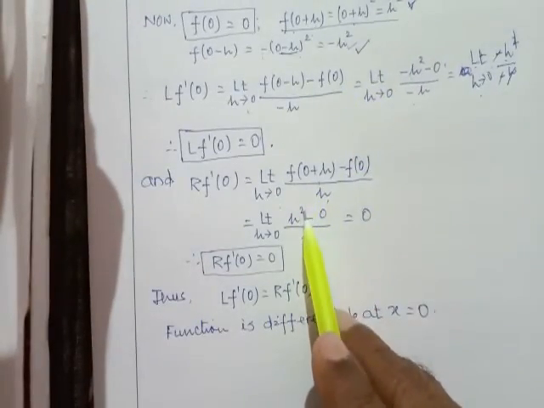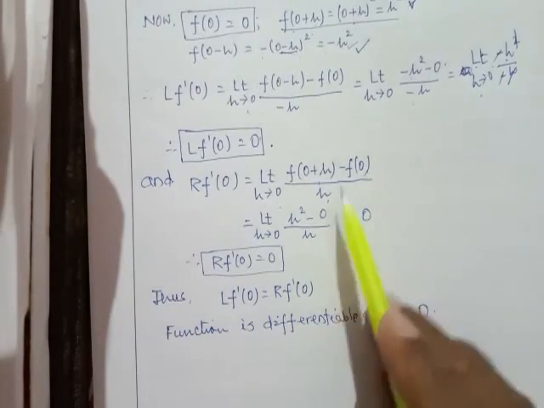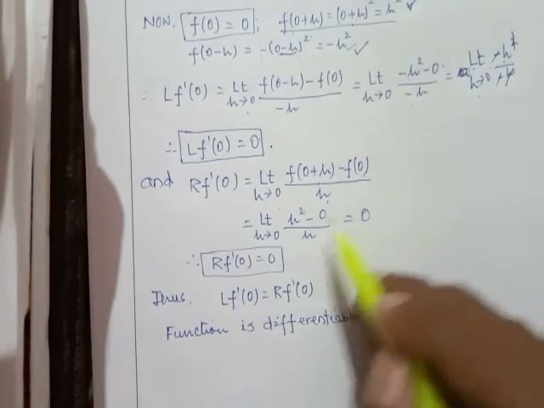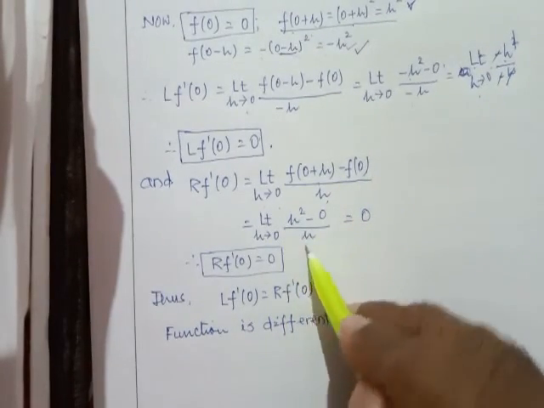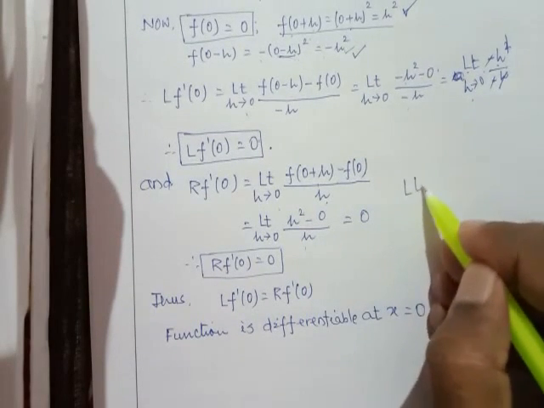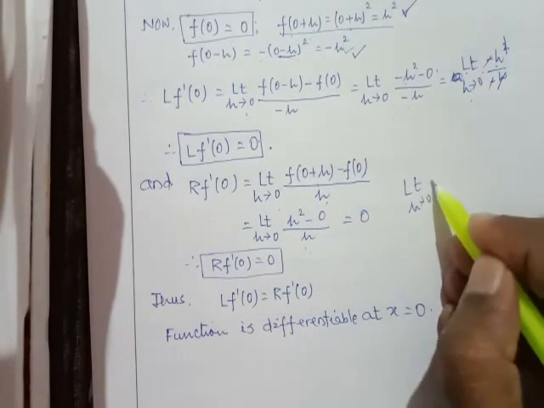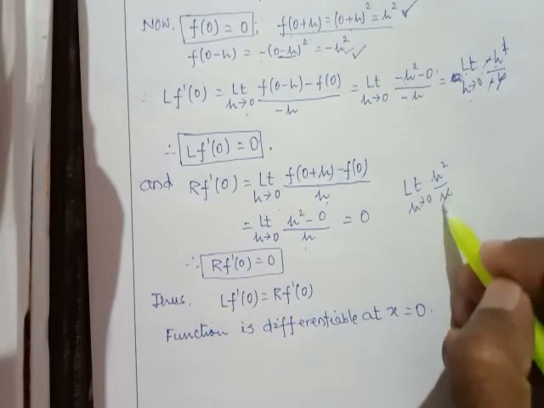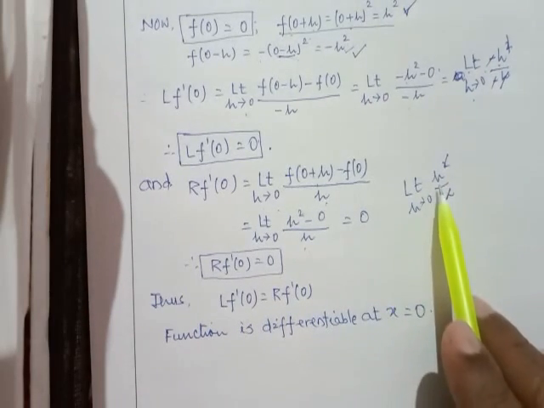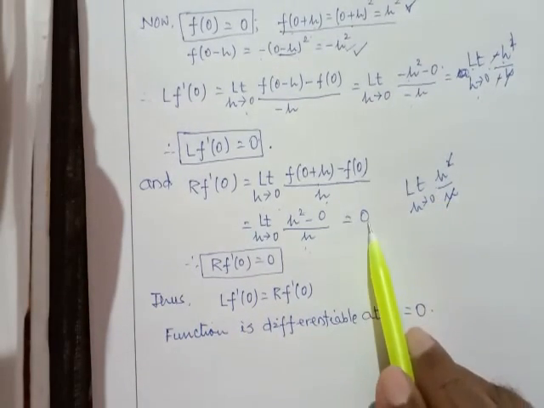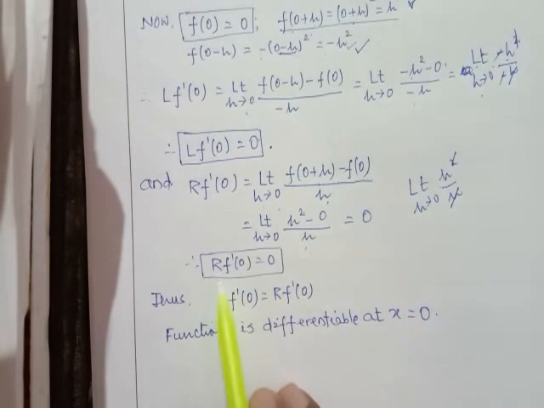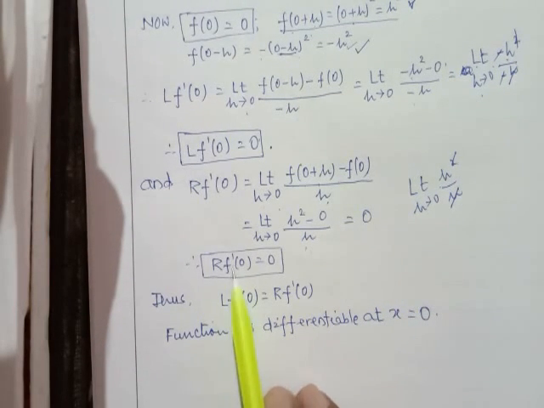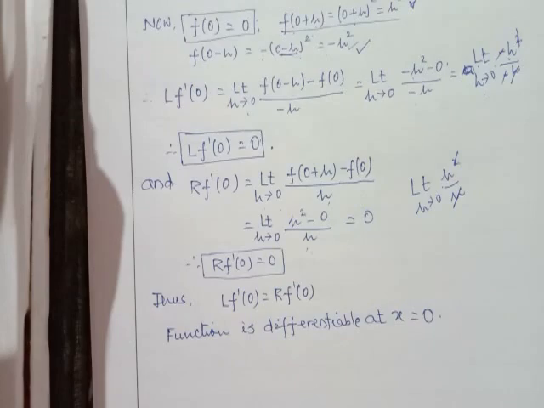So put here h square minus 0 upon h. That is limit h tending to 0, h square by h. h and h should cancel, one h is left here, which becomes 0. So right hand derivative at 0 is 0.